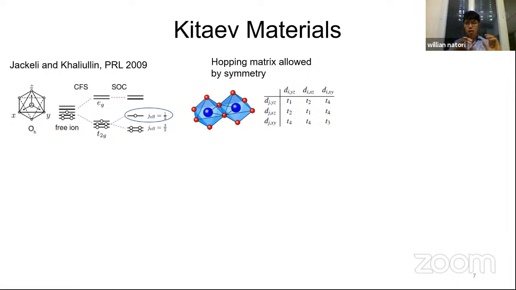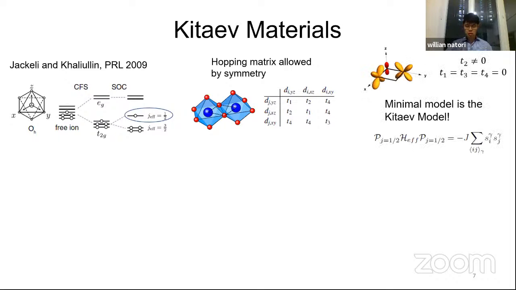If you want a honeycomb lattice, just like I showed before, you have to arrange the octahedra in this manner, in which the metal-ligand-metal paths form this 90 degrees angle. And in this case, you will see that the hopping allowed by symmetry will be orbitally dependent and also directionally dependent.